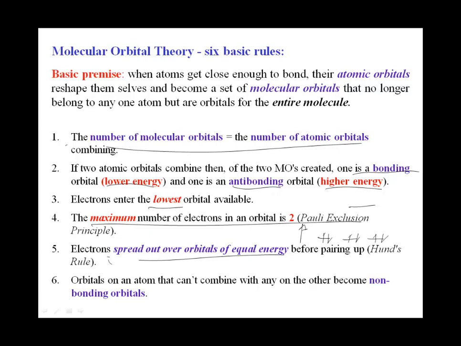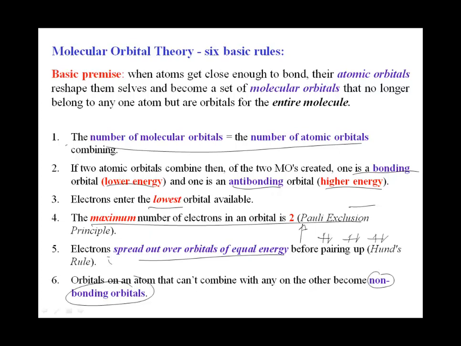Right, so there, what we've talked about is antibonding orbitals, but what we need to understand is that in certain molecules as well, you have what are called non-bonding orbitals. And these are orbitals that are usually the same as in the atom. So you have two atoms coming together, say in the simplest case, and you have an orbital on one that has no counterpart, if you like, to bond with on the other one.